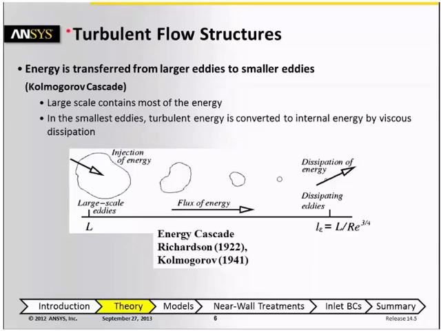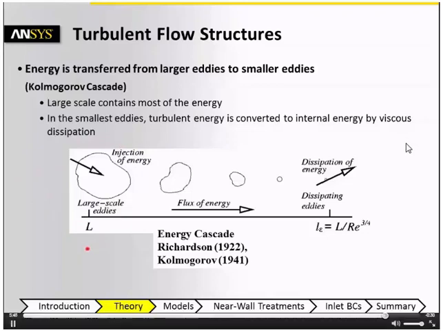Another important feature of turbulent flows is the energy cascade, which is depicted graphically on the slide. What happens in a turbulent flow is that the largest scale eddies receive their energy from the mean flow, and most of the turbulent energy is contained within these large scale eddies.